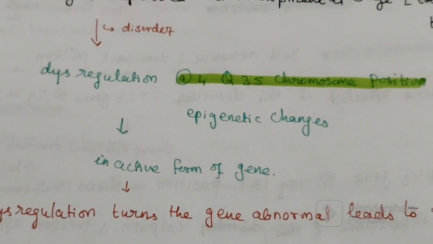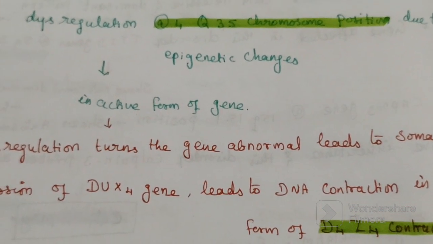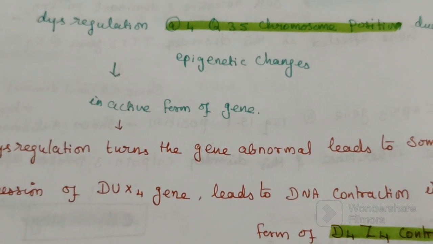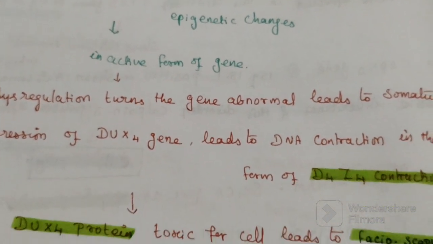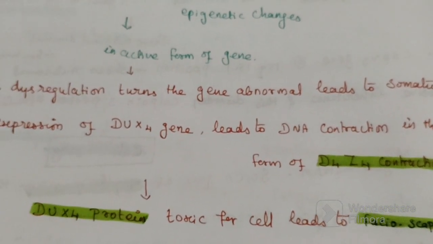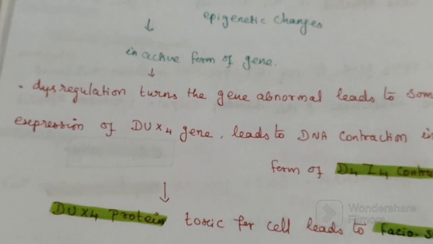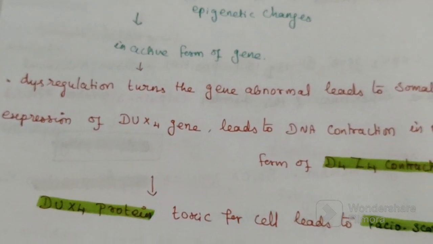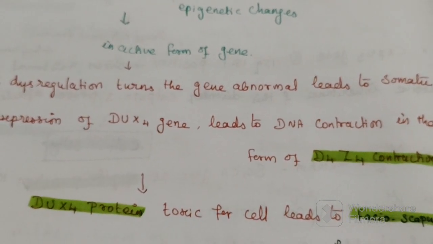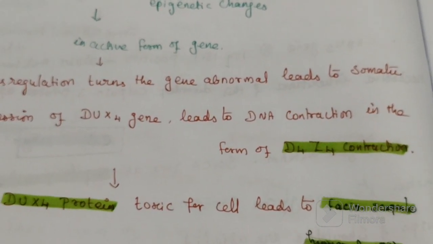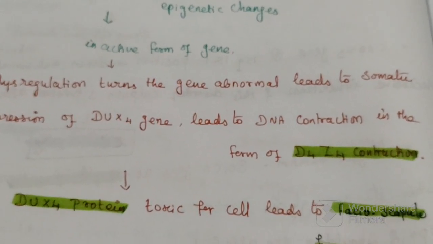Remember, the repressed or inactive form of the gene is normal, but the dysregulation turns the gene on, which is abnormal, and this leads to somatic expression of the DUX4 gene, that in turn leads to DNA contraction in the form of D4Z4 contraction.